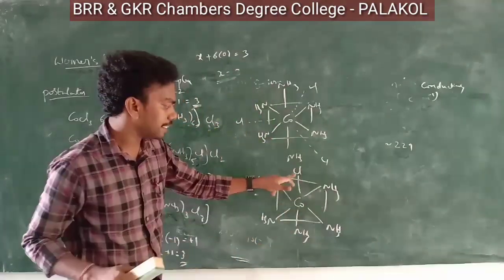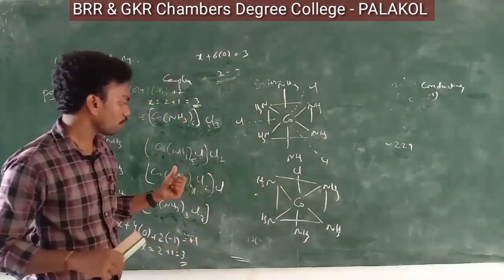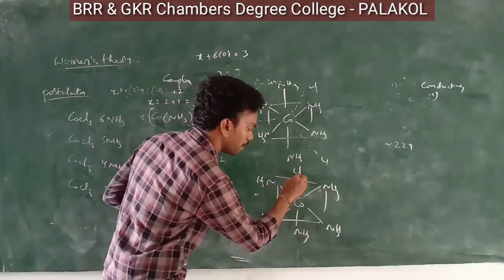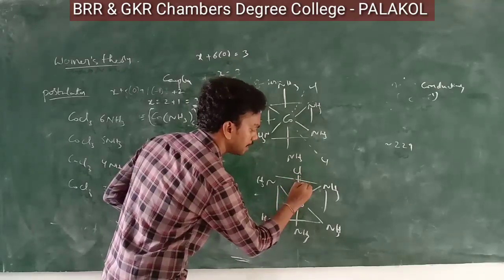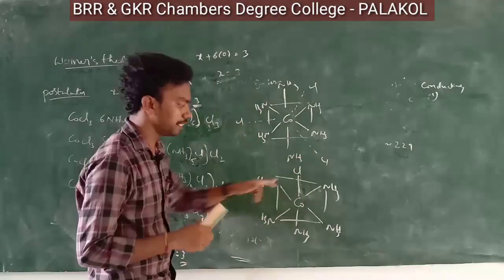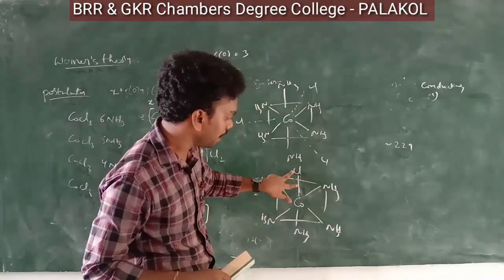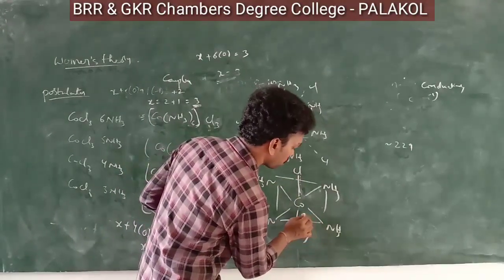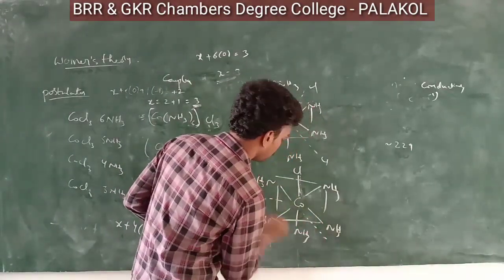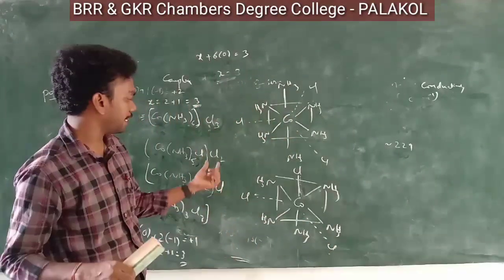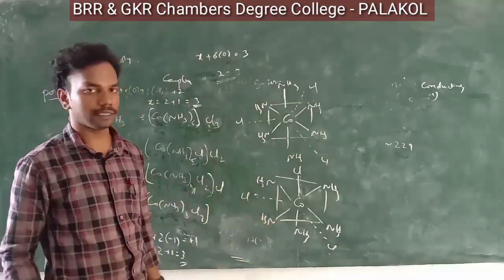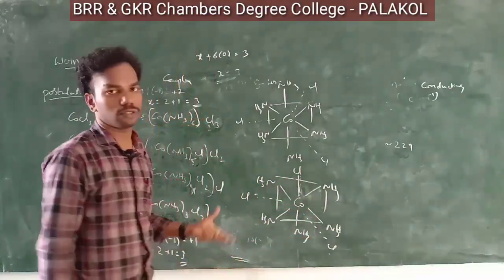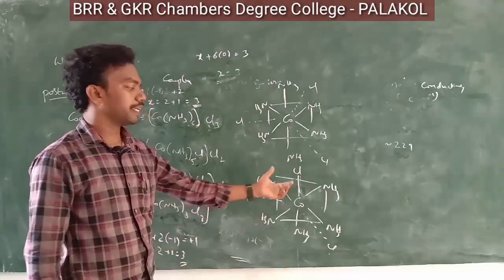So this chloride ion is satisfying both primary and secondary valency, with a thick line and a dotted line. These two chloride ions are in the outer sphere, that is the ionization sphere, available as Cl minus. But this chloride ion is not available as Cl minus. That's why it does not react with Ag plus and does not form AgCl precipitate.